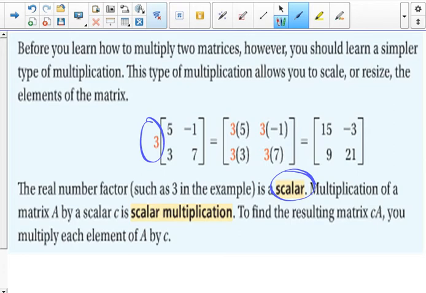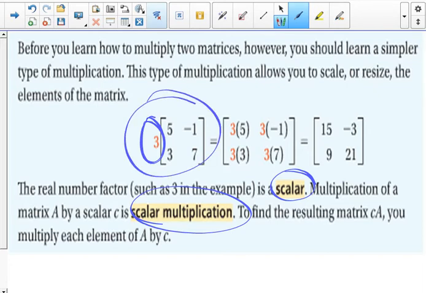S-C-A-L-A-R, scalar. Multiplication of matrix A by a scalar, C, is called scalar multiplication. So this is the scalar. The whole process is called scalar multiplication. It means multiply everything inside the matrix by the scalar, and that gives you your final matrix.